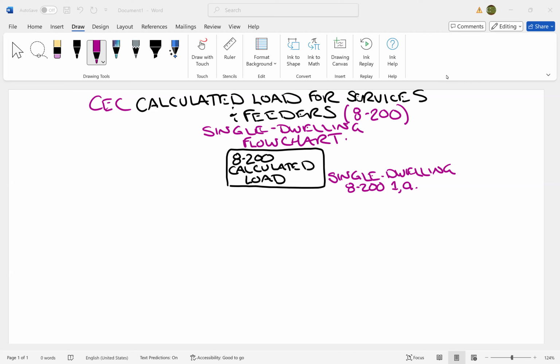We are going to add the heating of water. We are going to add the electric vehicle. We are going to add any other big loads. That's 1, 2, 3, 4, 5, 6 things we are going to add together.